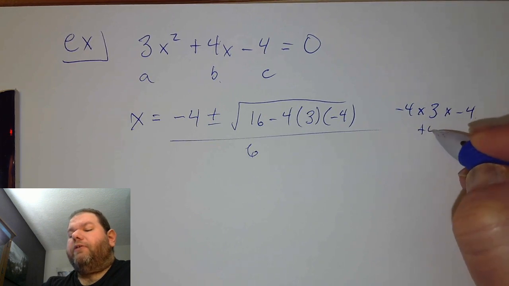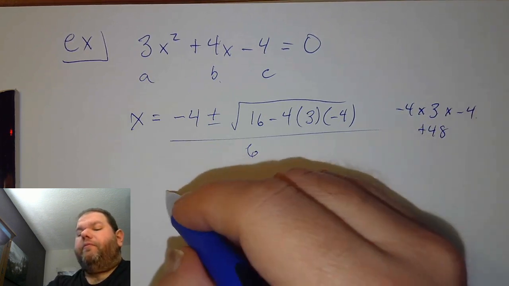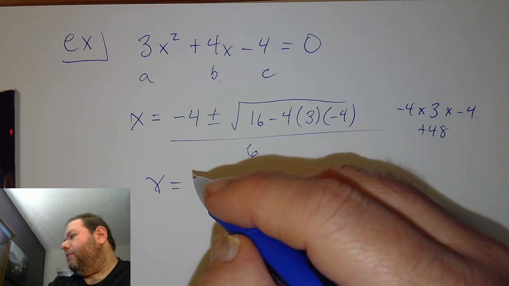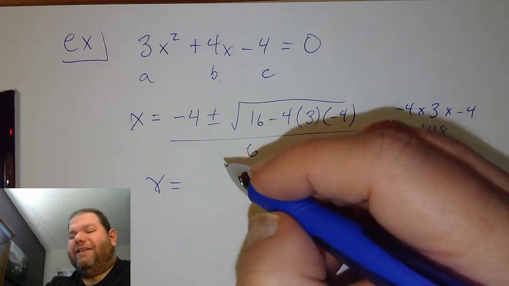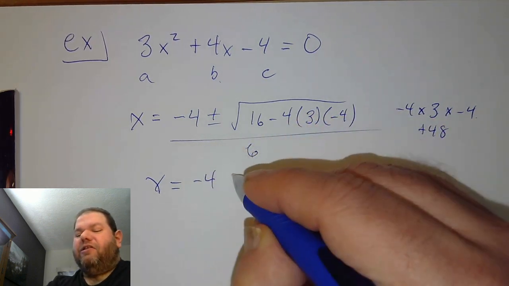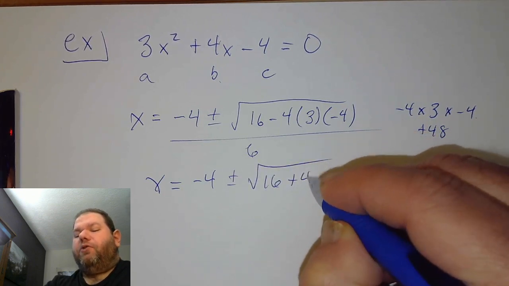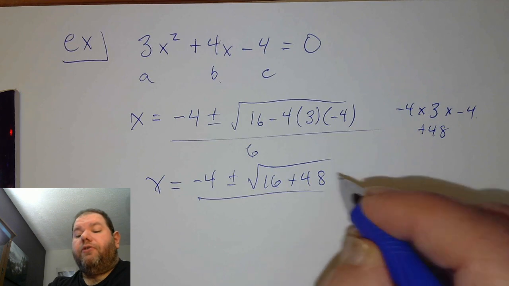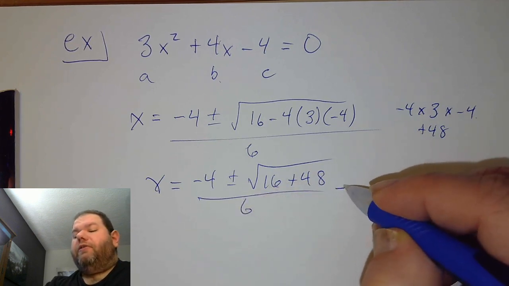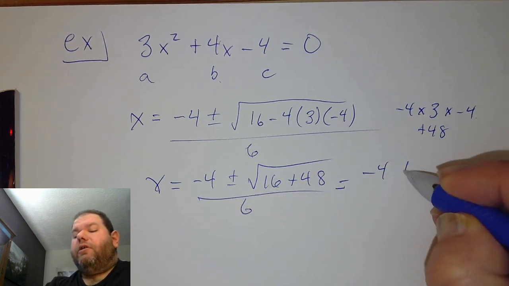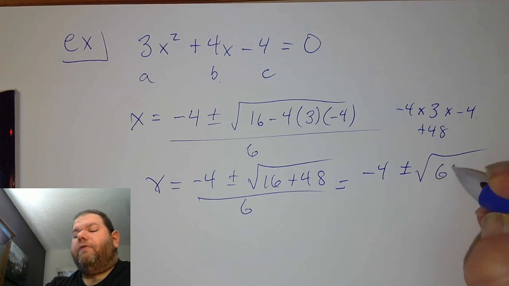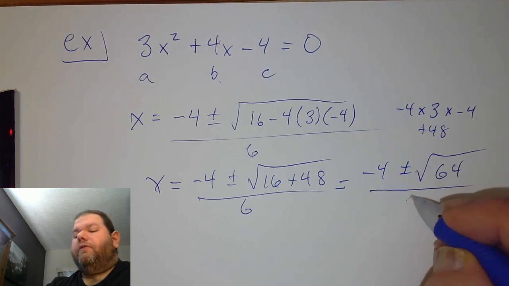So we end up with a positive 48. 16 plus 48 is what we now have under the square root. And so that's going to give us negative 4 plus or minus the square root of 64 over 6.